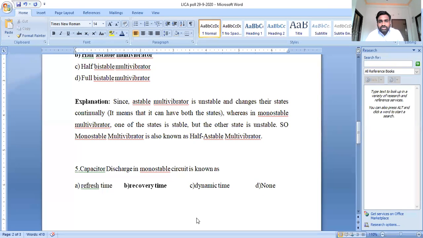Response time is also called recovery time, correct? 51% chose this correct answer. Some people had a misconception and chose dynamic time, but the correct answer is recovery time.